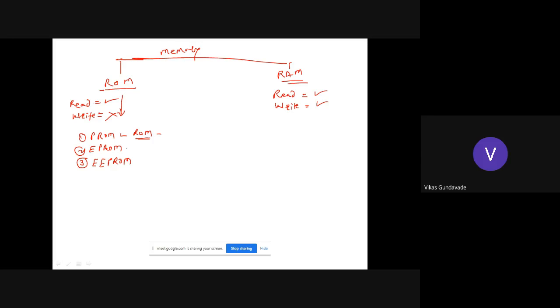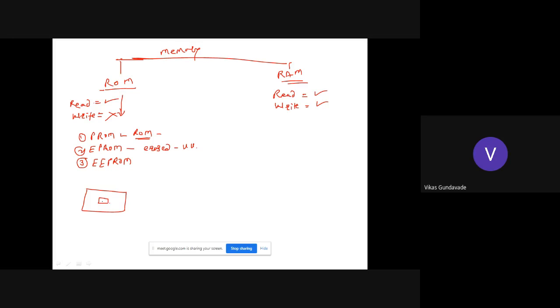Now EPROM is called erasable programmable read-only memory. Whatever memory is available can be erased and again programmed by using ultraviolet light. This memory has one window where the ultraviolet light is exposed.